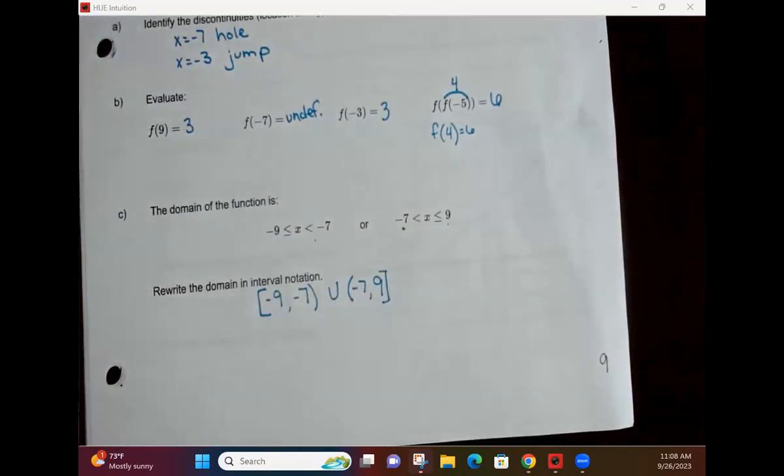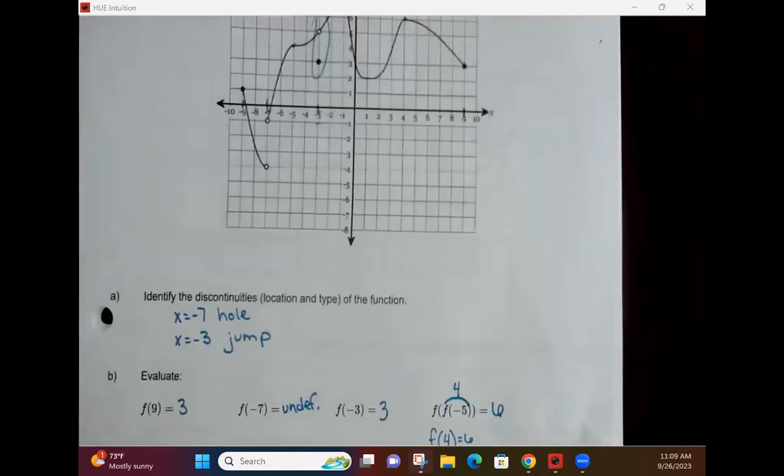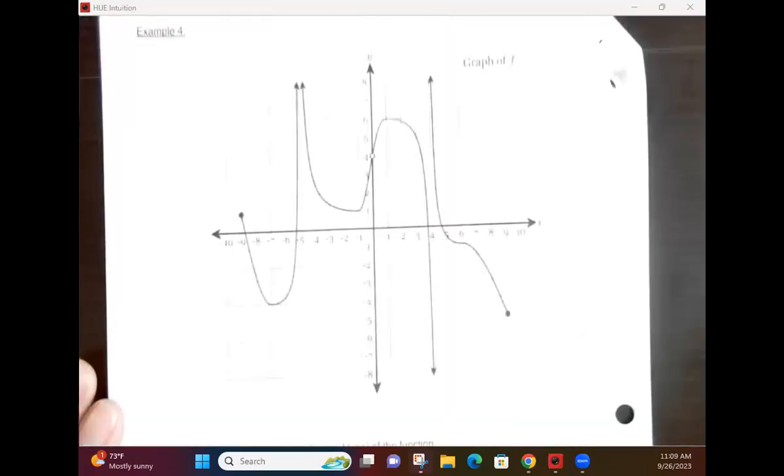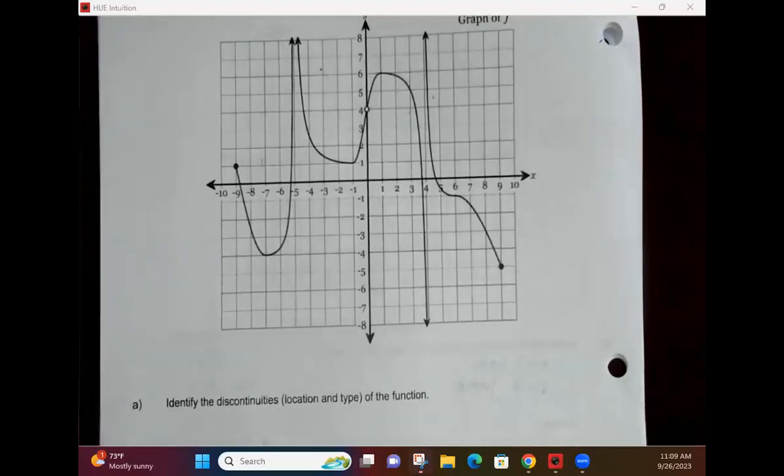You have one more example on the next page. A new graph. Same idea. Give me those discontinuities, a couple of evaluating problems, and then give me the domain. Okay. So for your next graph, same idea, but I want you guys to try this one, and then we'll check it together in a couple of minutes.